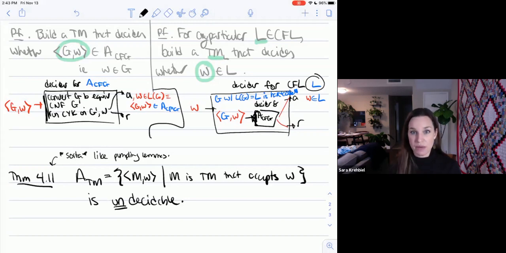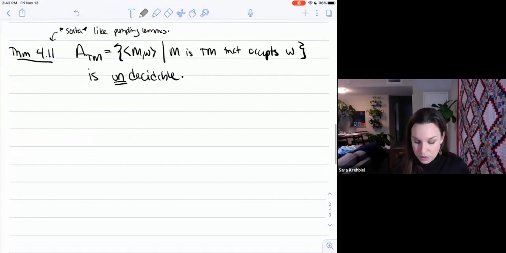So with pumping lemmas, we fundamentally are saying, assume this thing is regular. Then by the pumping lemma, these things have to be true, but they're not true, so that's a contradiction. So we're going to try to construct a contradiction here that this particular language is decidable.